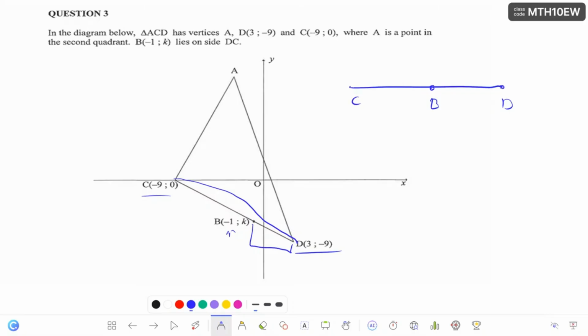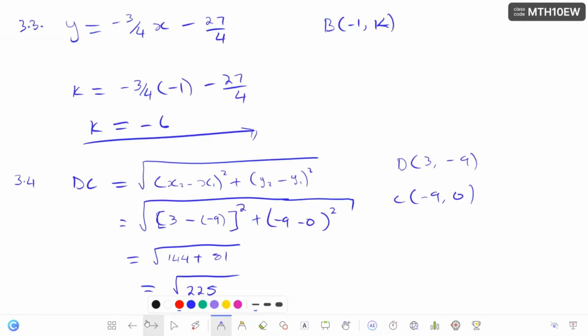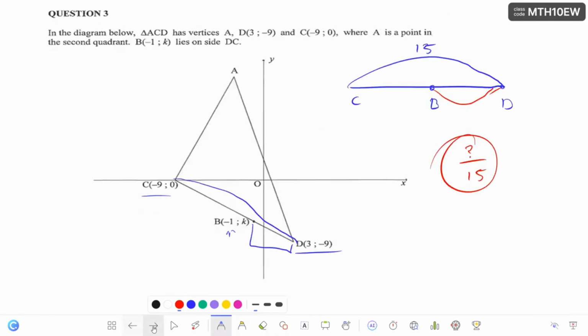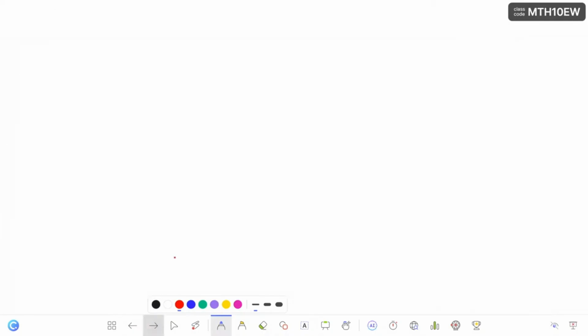We already have the length of DC, which is 15. So we simply need to calculate the length of DB. After calculating, we are going to divide the length that we find by 15. That's our ratio. So we need to calculate the distance of DB.